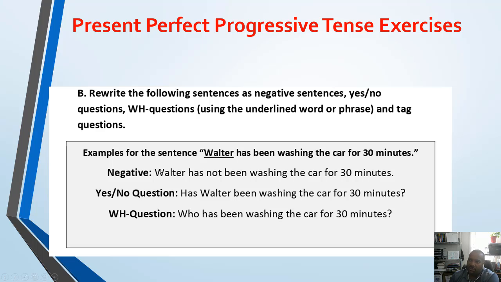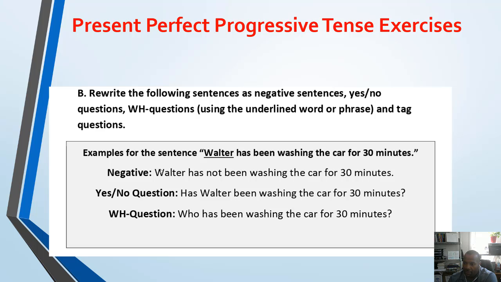Rewrite the following sentences as negative sentences, yes or no questions, WH questions using the underlined word or phrase, and tag questions. Of course, we're not going to be using the tag questions. Our example for writing this in the present perfect progressive tense is Walter has been washing the car for 30 minutes.